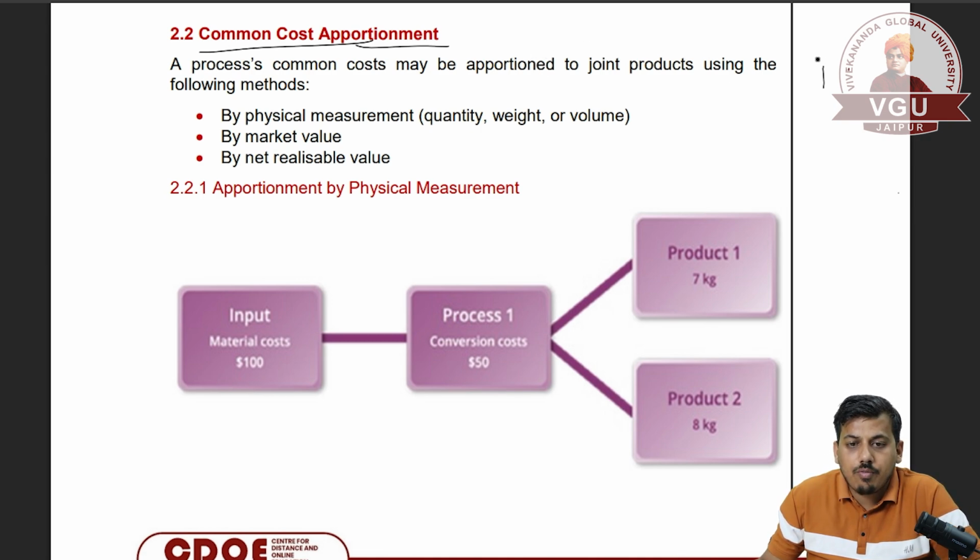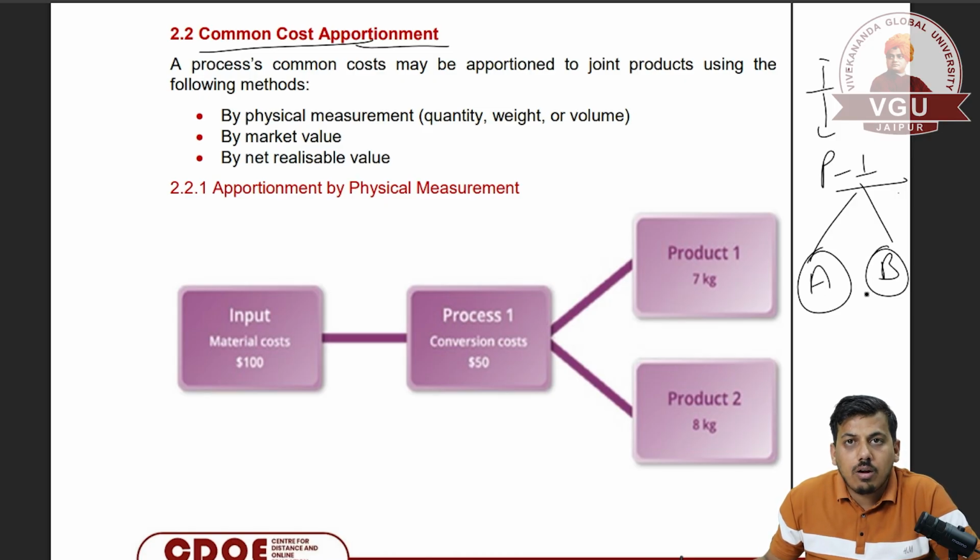Suppose we have input some raw material in process 1, and from process 1 there are two products, A and B. Both A and B are incurred from process 1. Suppose units of product A is 10 units and units of product B is 15 units, manufactured from the same process.